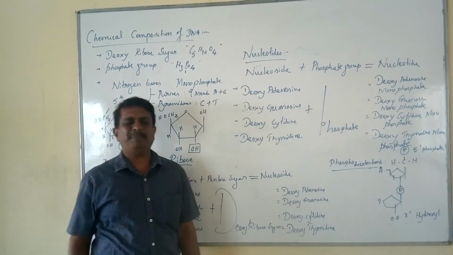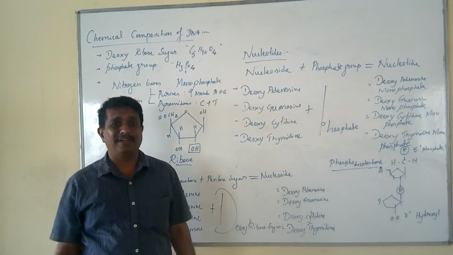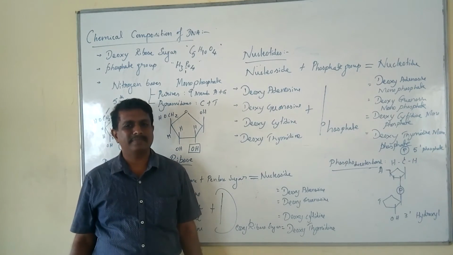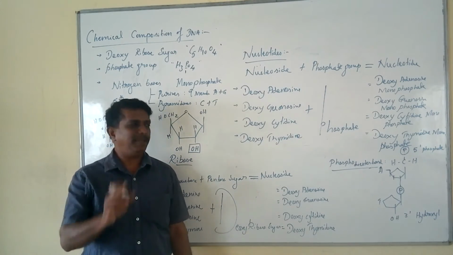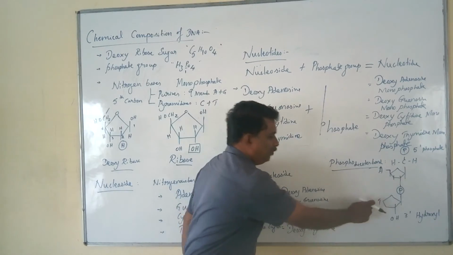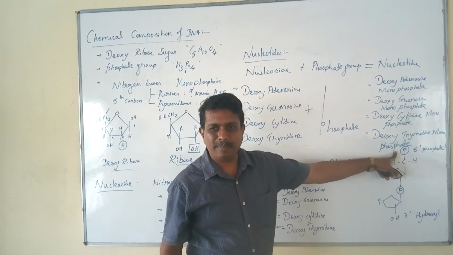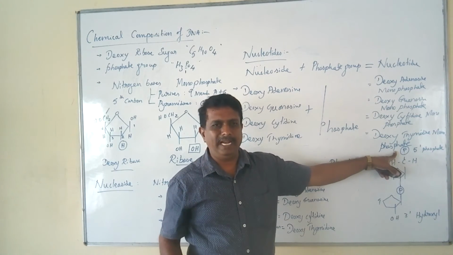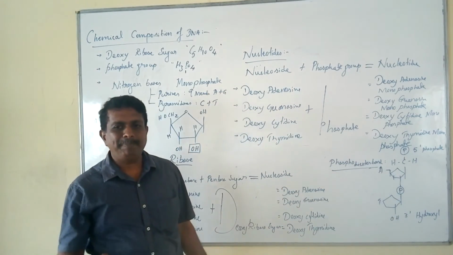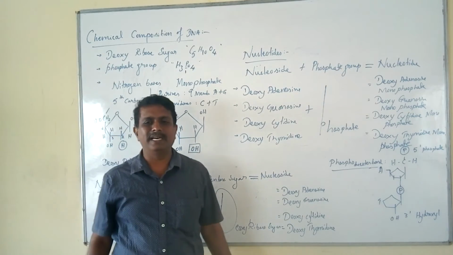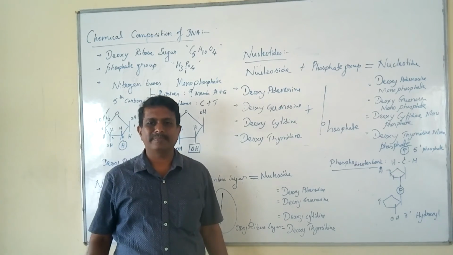With reference to the main salient features of the phosphodiester bond, in a valid terminology, it is defined as a chemical bond formed between the phosphate group of one nucleotide and the pentose sugar of another nucleotide, called the phosphodiester bond.